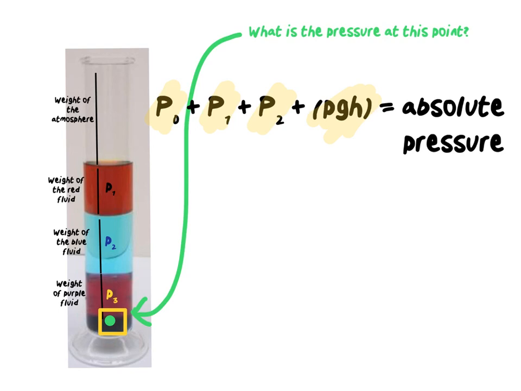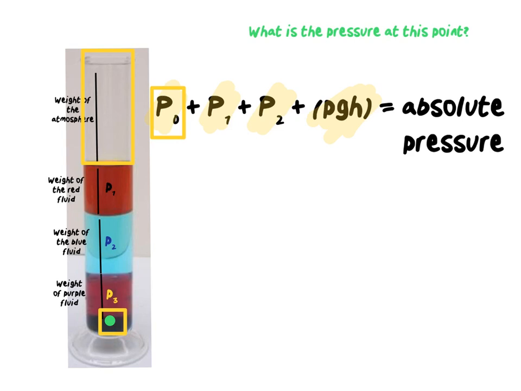You can hopefully see that this would allow me to account for different densities in each of those sections of fluid. Now, it's not a continuous spectrum. That would probably be better suited for a calculus problem, but for our purposes right here, we can say that each of these different fluids has a different density.